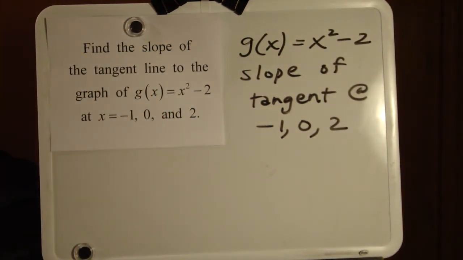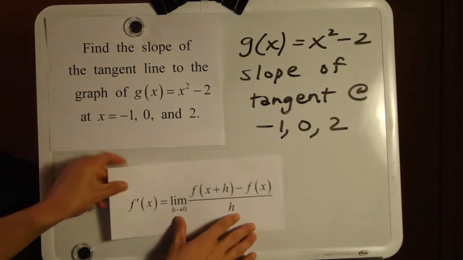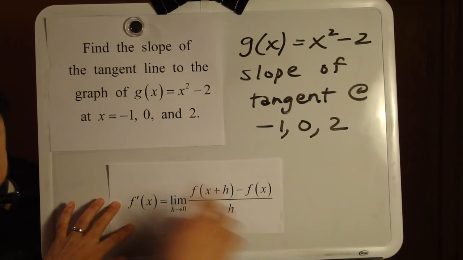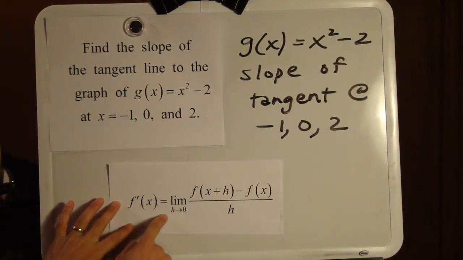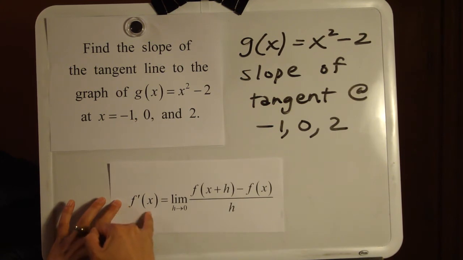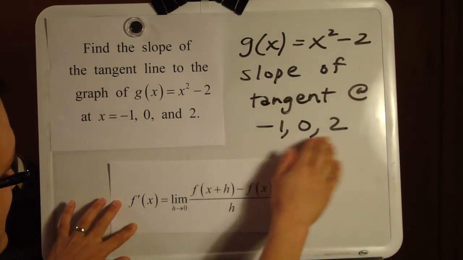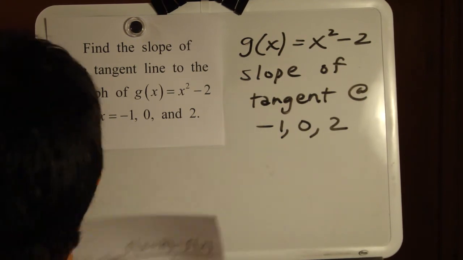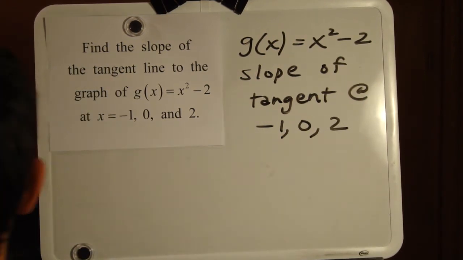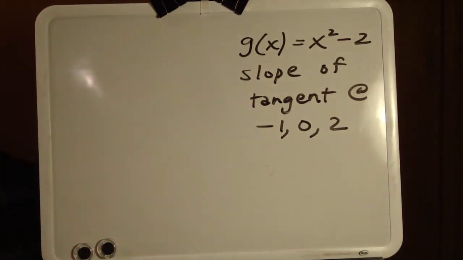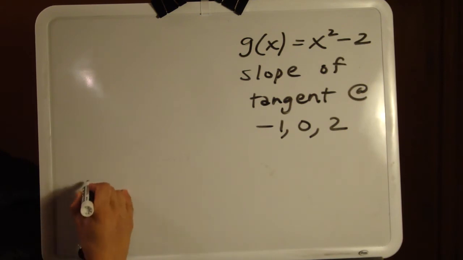So the first thing we're going to do is to go back to this definition, right? We're just going to use g in place of f. So we're going to go through and set this up, take the limit as h goes to 0, and then we will have the derivative of g at x, and then we can insert these numbers right in there. Okay, so I'm going to write down this limit definition here.